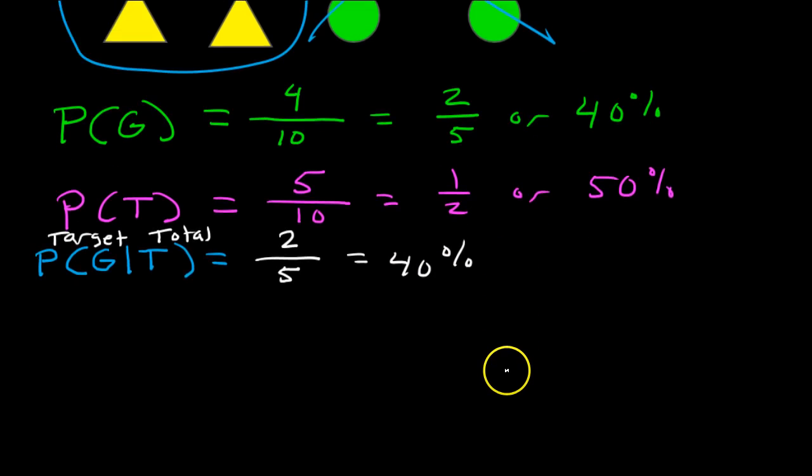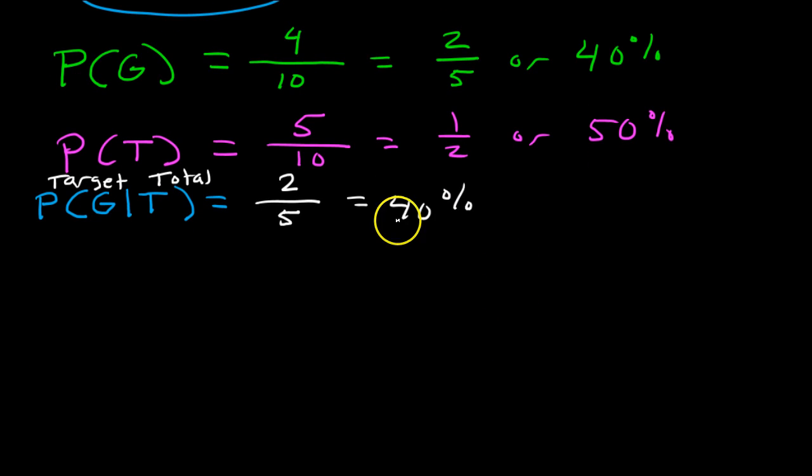Now here's one last thing, but it is very important. Notice how we got the same answer when I did the probability of picking a green, given that it's a triangle. All right, we got 40%. When we did the probability of picking a green shape, not knowing anything about what kind of shape it was, we also got 40%. Whenever that happens, we know that these 2 events are independent.